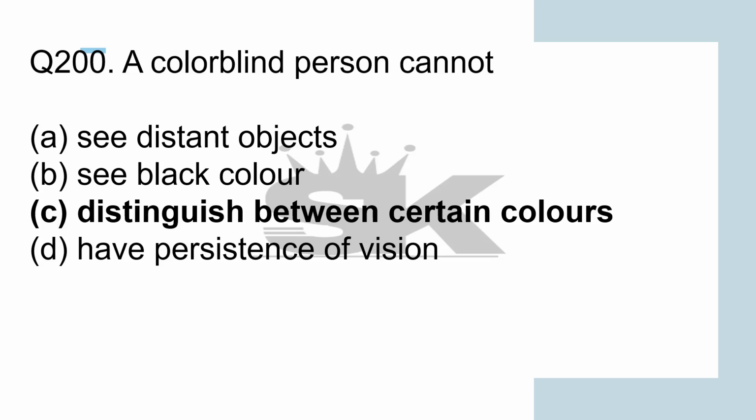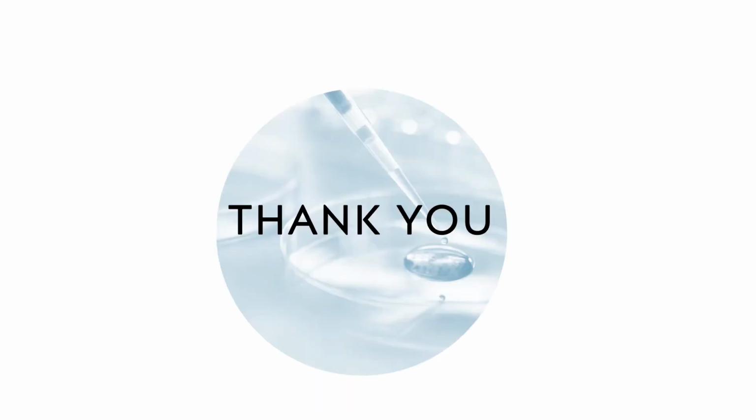There are different types of color blindness, and there are extremely rare cases where people are unable to see any color at all. The most common form of color blindness is known as red-green color blindness. Okay, that's all.